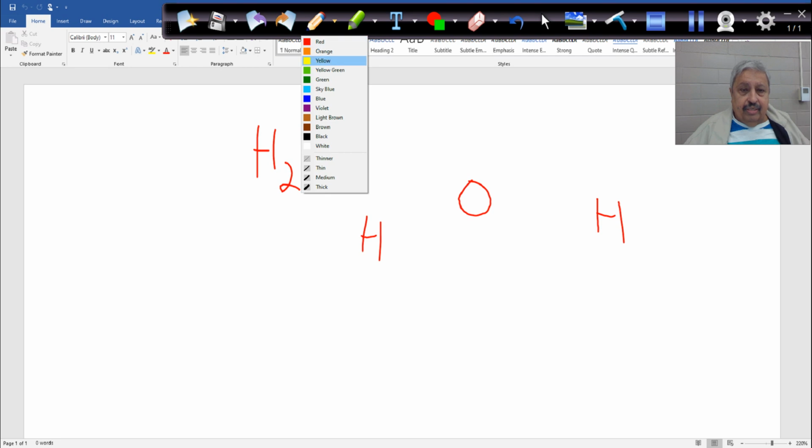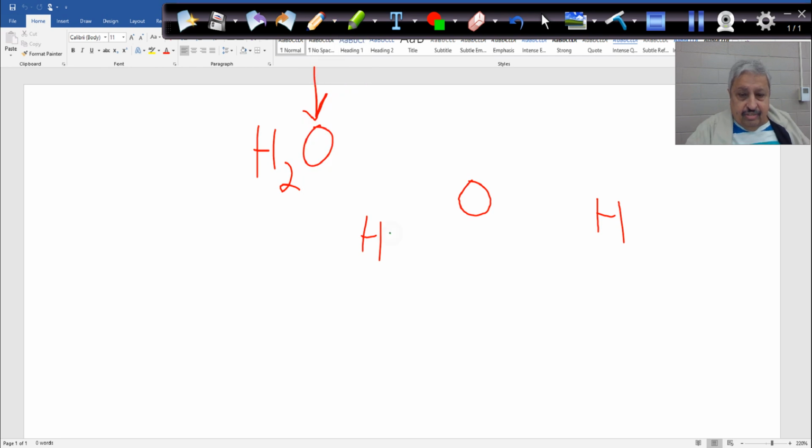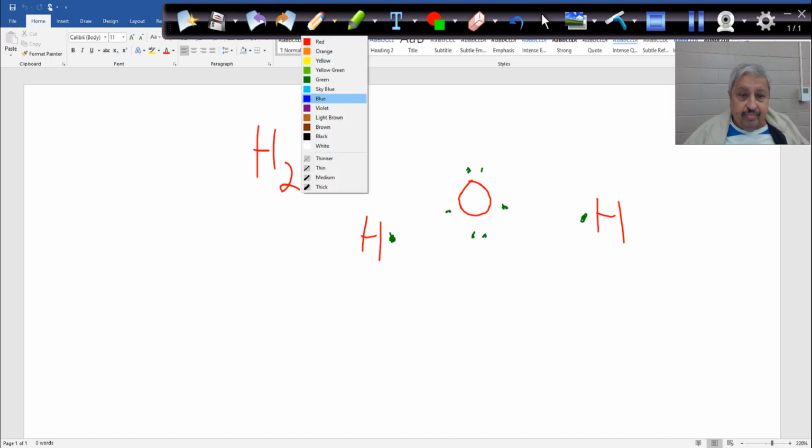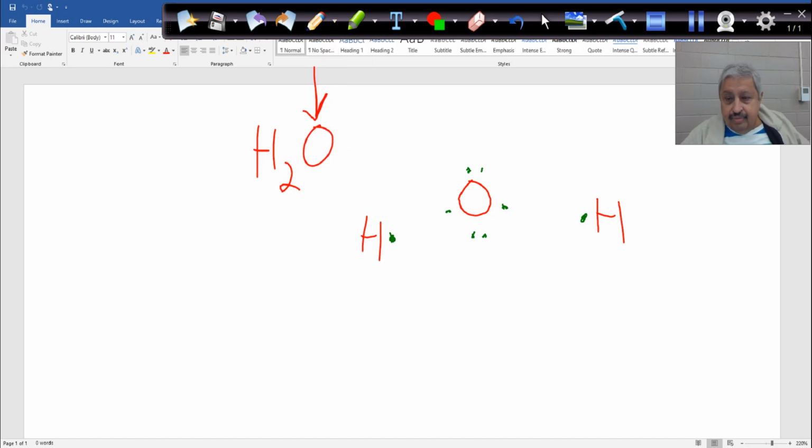Now let's put the valence electrons here. Hydrogen has 1 valence electron, group 1A. Oxygen is 6A, so it has 6. So I put 2 here, 4, and 1 here, and 1 here. I have to have 2 maximum in 1 orbital. I cannot have 3. So then I will start here, guys, connecting with a single bond.